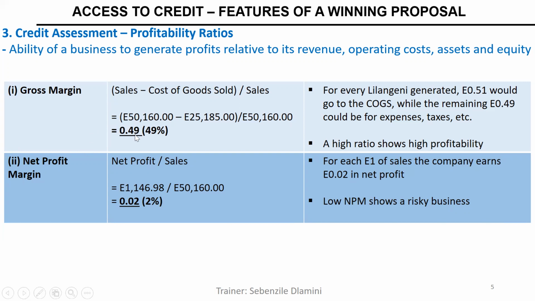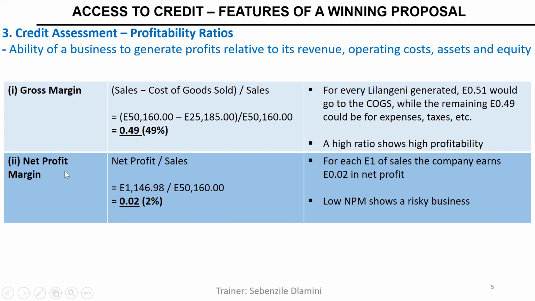In this case, the ratio is 0.49 or 49%. It means that for every lilangeni generated, 51 cents would go to the cost of goods sold, while the remaining 49 cents could be for expenses, taxes, and other costs. A high ratio shows high profitability.